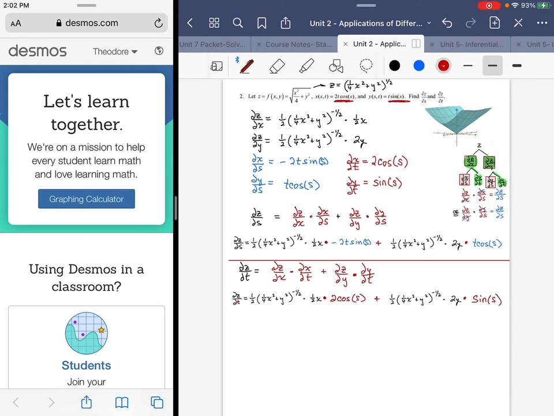And so this would be the chain rule expansion of the partial derivative of z with respect to t. Now, you could simplify, but there really is no need to. In fact, what some people will do, and I've even seen this in textbooks, they'll go now and replace all the x's and y's with the functions that define x and y and simplify.